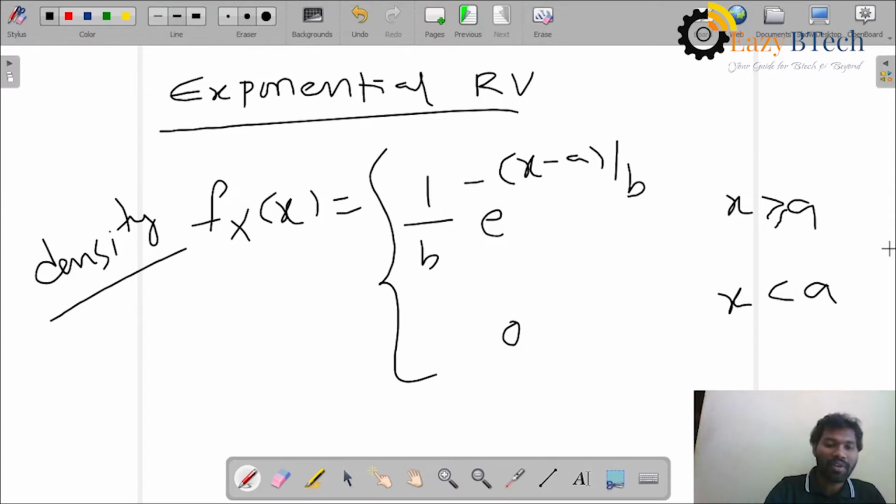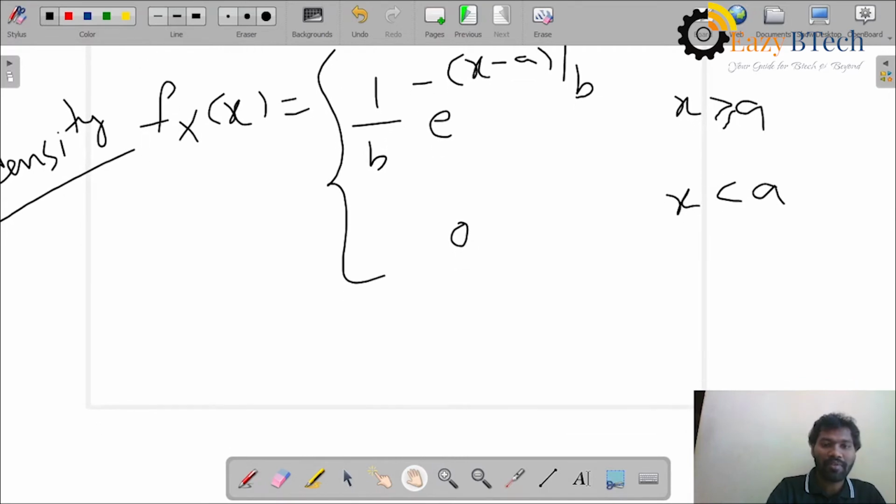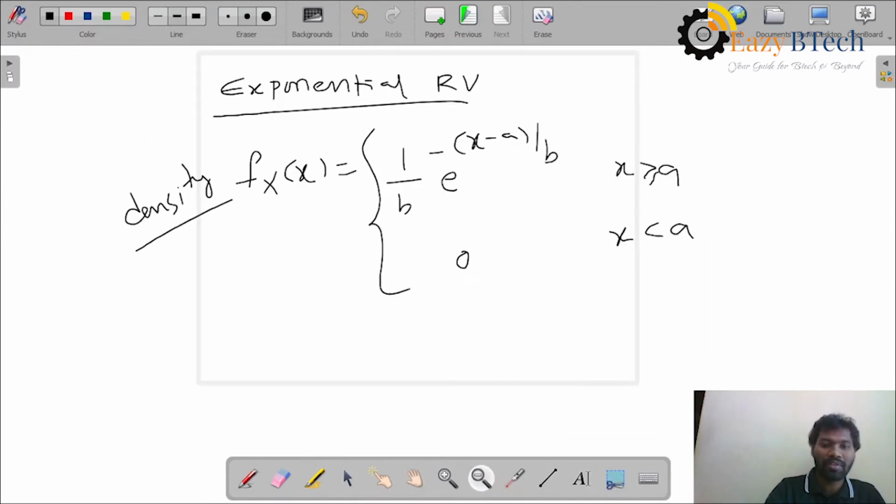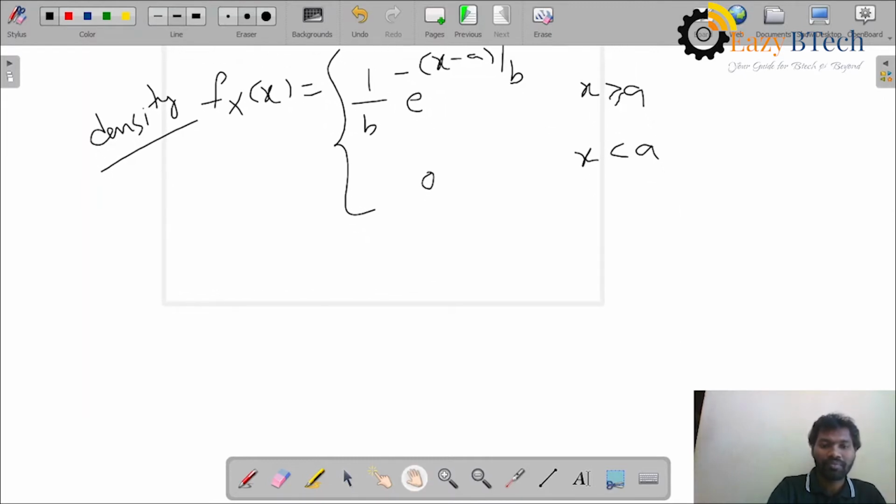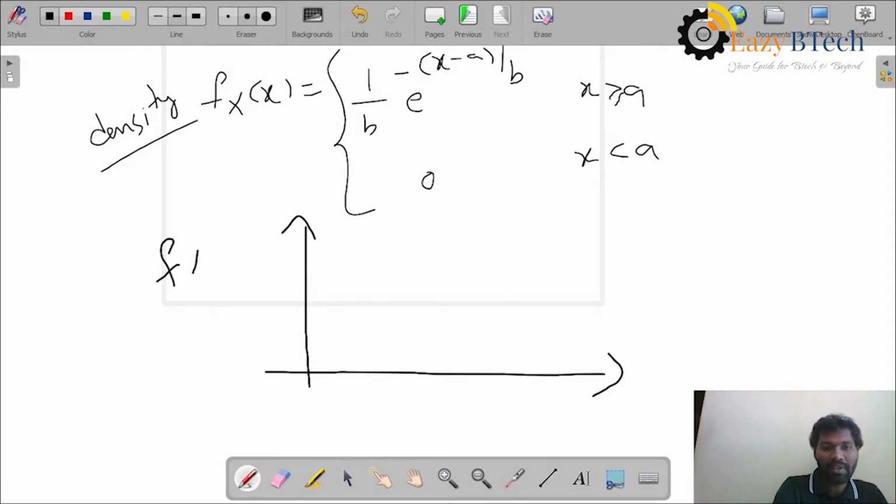Now, if I want to plot this exponential random variable, it looks like this. This is f_X(x), and this is x.